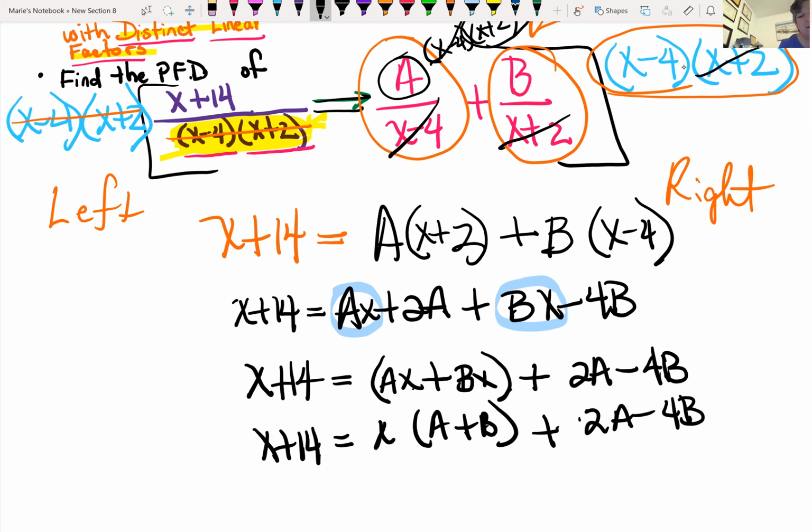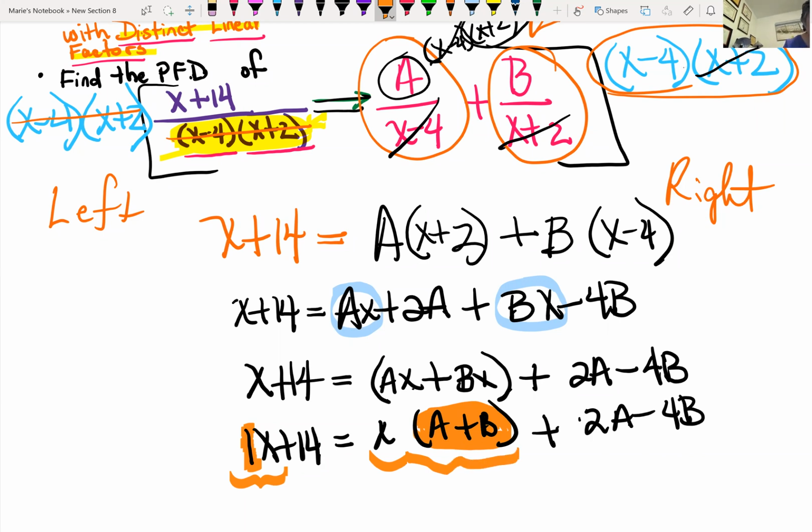This is where this part of the equation comes in. There is technically a 1 here. This 1 is A plus B, because this is A plus Bx, this is 1x. So this piece is equal to this piece.